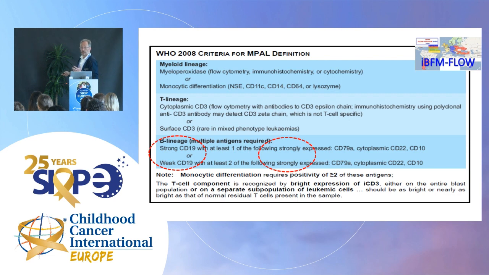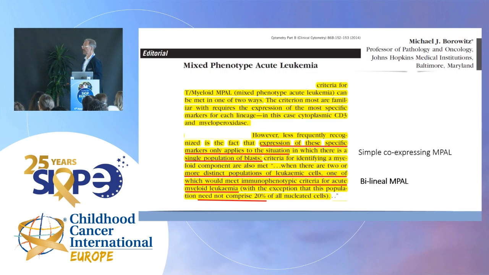So with this concept, okay, how to treat? It's an MPAL. This is why we said, okay, we would like to be better informed in what direction to treat, as I told you, and this is the dominant lineage concept. So if you go for the mixed phenotype leukemia, the dominant lineage concept sees two things.